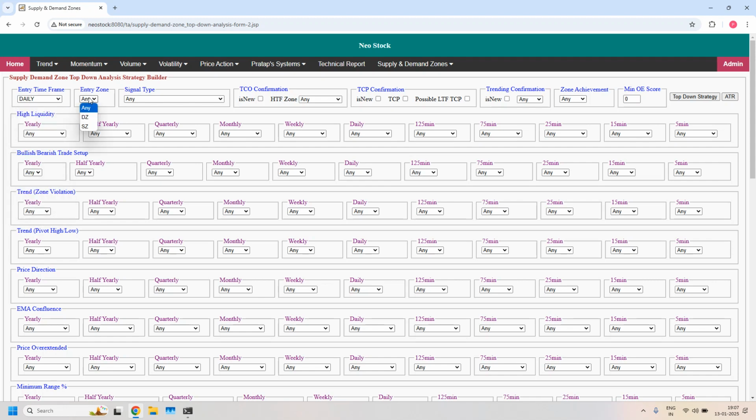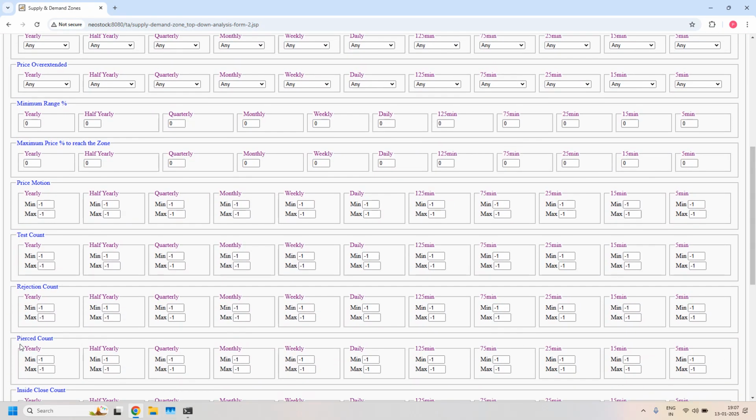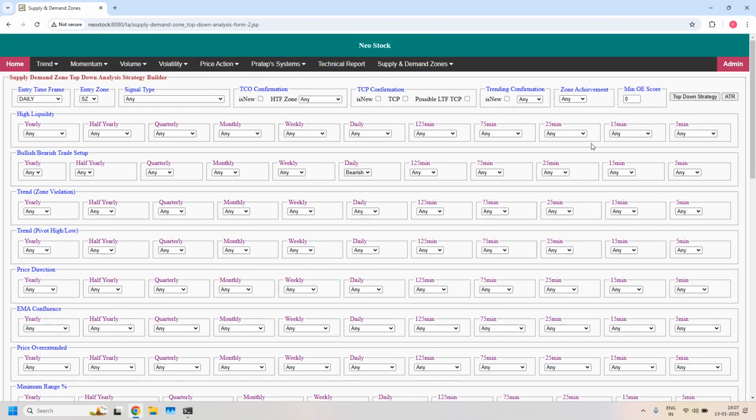Entry time frame daily, entry zone supply zone. In bullish or bearish trade setup at entry time frame daily, I am selecting bearish. These daily supply zones should not be pierced. So that's why in the pierced count parameter at the daily time frame, I am setting minimum value 0, maximum value 0. Zone achievement is violated opposing zone.